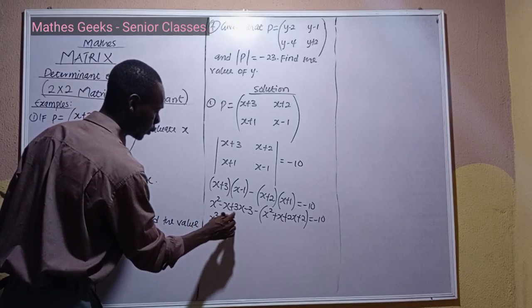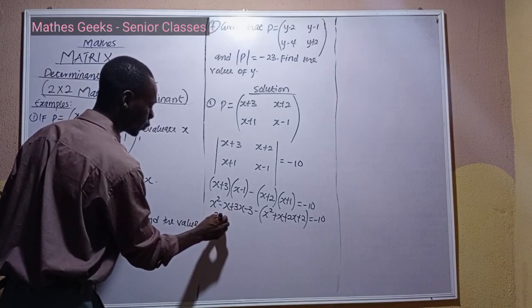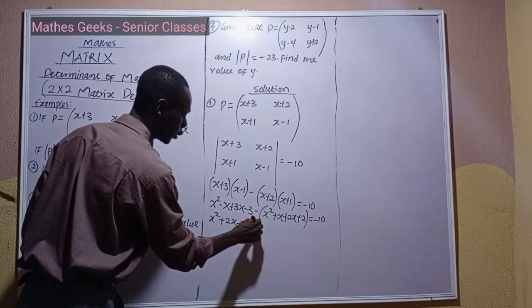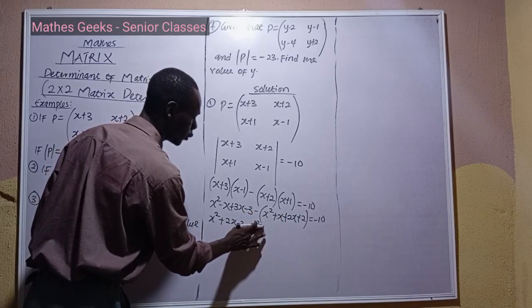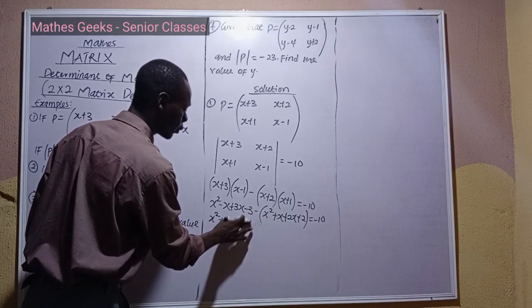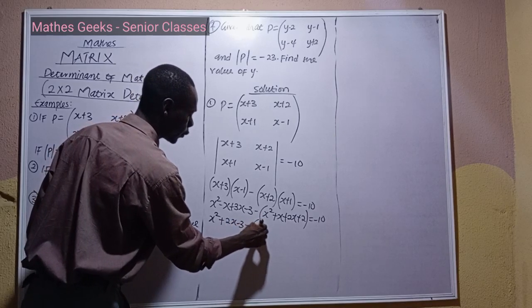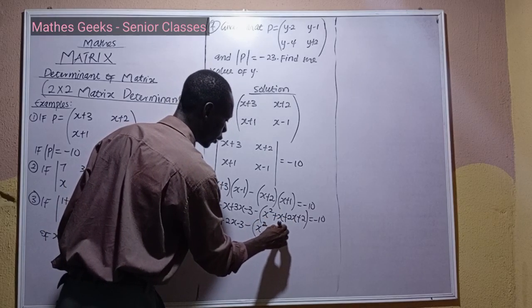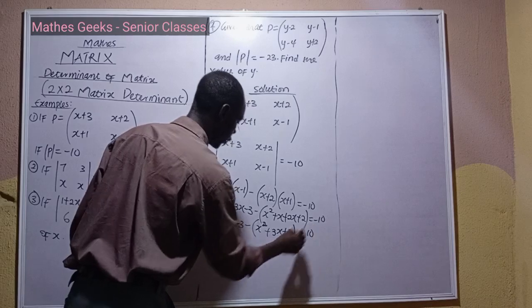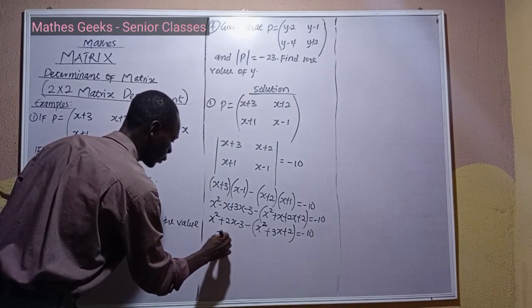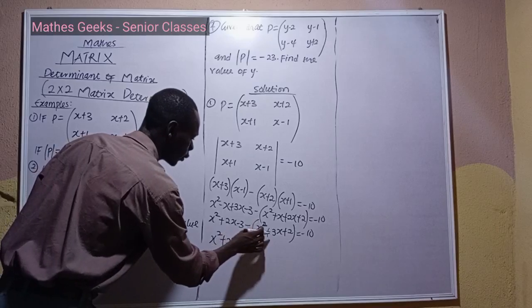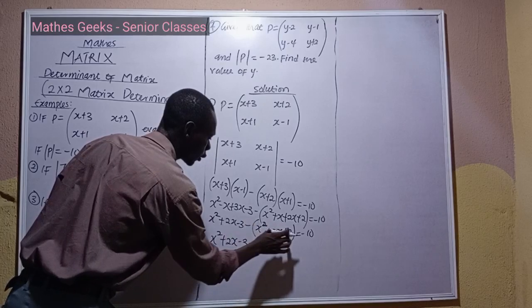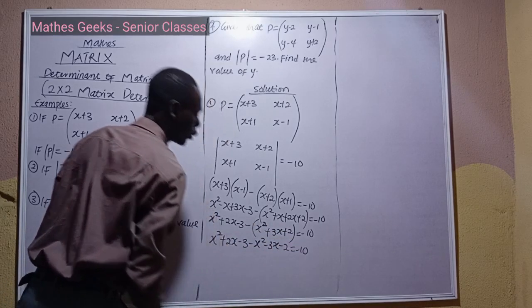So x squared minus x plus 3x minus 3 minus x squared minus 3x minus 2 equals minus 10.